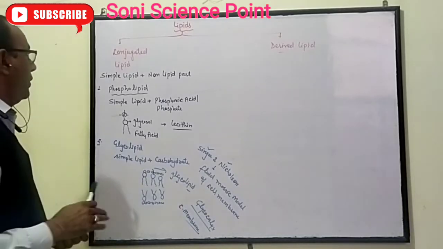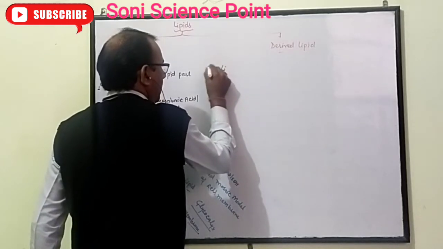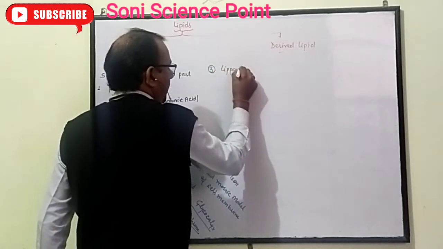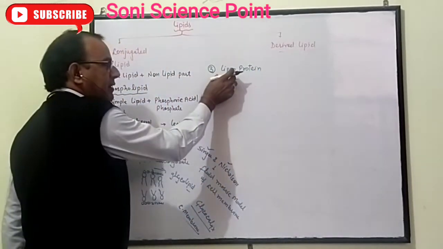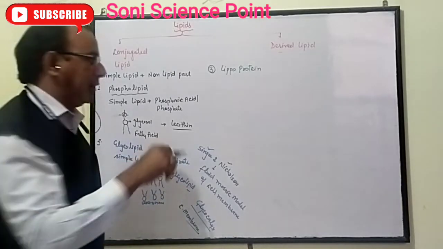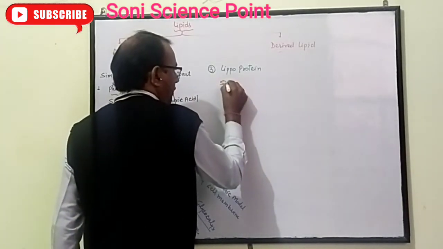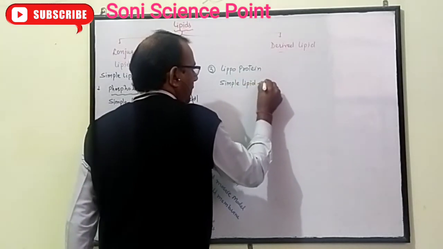One more type of conjugated lipid is lipoprotein. Lipo means lipid, and protein: the lipid combined with protein. It is the combination of simple lipid with protein.